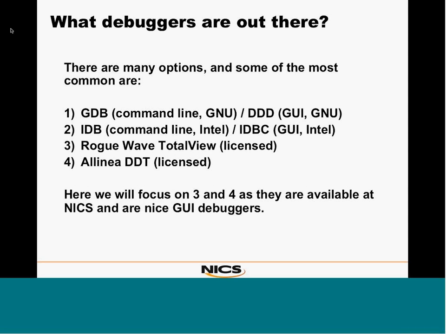So debuggers are out there. There are lots and lots. These are the most common ones, the ones that we use at NIT. You have GNU GDB and DDD. Those are free, open source debuggers. The difference is command line versus a GUI.